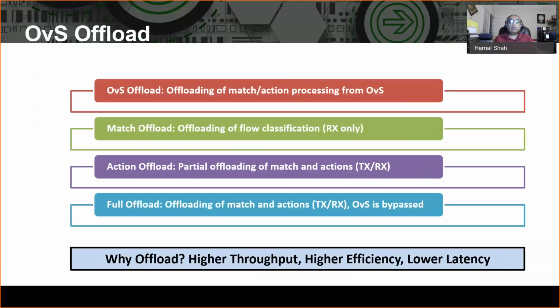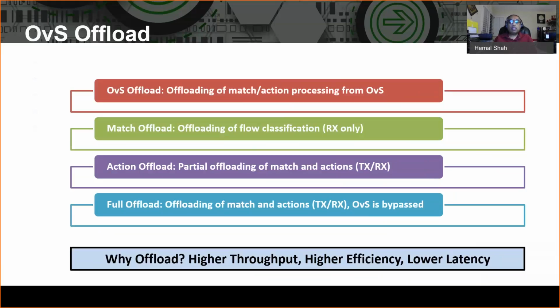Why offload? We know the software complexity and processing as actions get complicated impacts the throughput, packet processing efficiency, and the latency. By offloading these functions, whether it's a partial offload or full offload, you improve the throughput of the OvS.